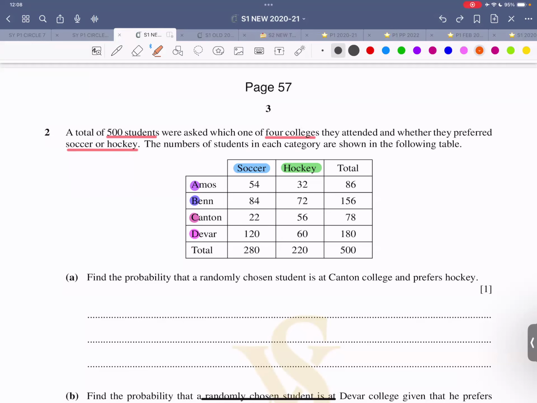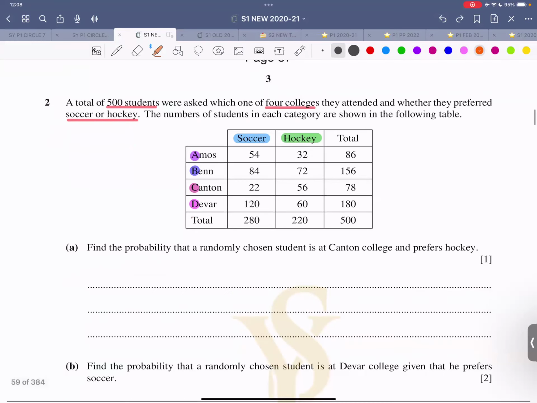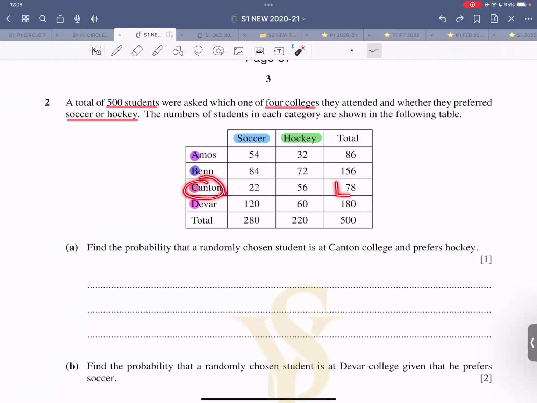Now, what we do is that it says find the probability a randomly chosen student is at Canton College and prefers hockey. So this is Canton, this is hockey. We are not looking at the total for Canton. A student is picked from the total. How many are they? 500.